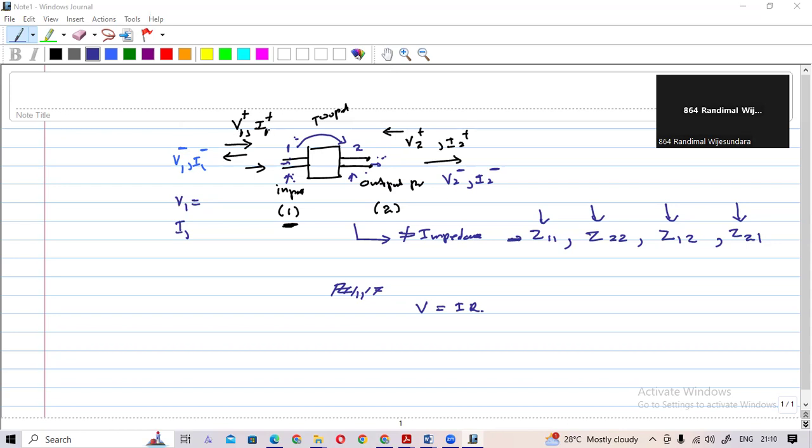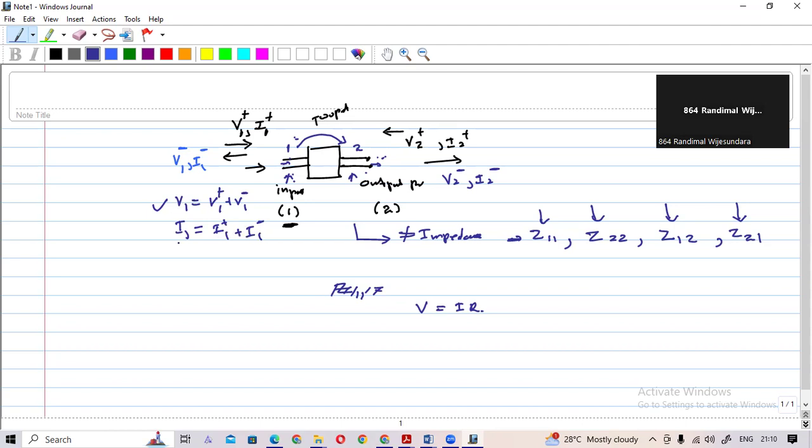If we write V1 using this, there are some forwarding and reflecting voltages and currents. So V1 is equal to V1 plus plus V1 minus. Yes, correct. Okay. And I1, what is I1? That is I1 plus and I1 minus.